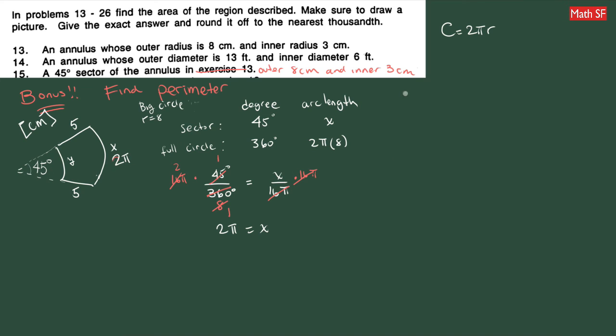Now, in the small circle with radius 3, I'm going to use the same technique. Sector, full circle, degree, and arc length.